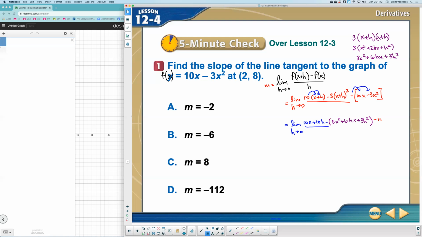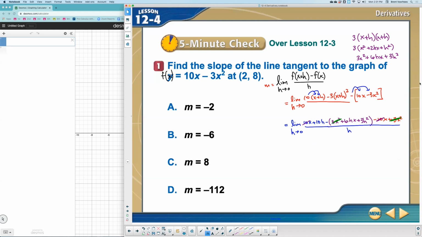I'll have a minus 10x plus a 3x squared, and all of this would be divided by h. And so I go to simplify. I see I have a positive 10x here and a negative 10x. Those simplify with one another. It looks like a minus 3x squared and a positive 3x squared here.